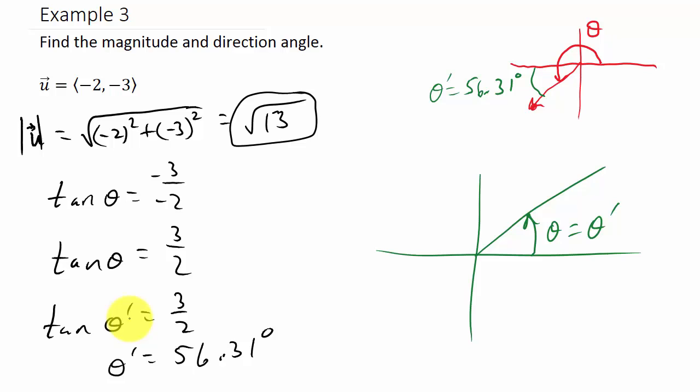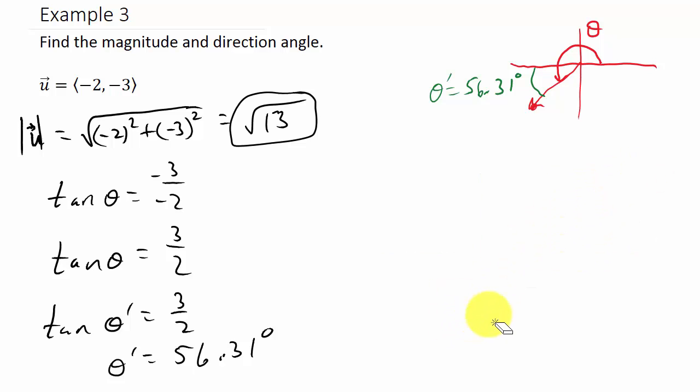So what we're doing is we're saying, well, it's in the first quadrant, that's our reference angle. And we're going to use the reference angle to find theta. Very important that you understand reference angles in trig, and even when you're doing vectors. Okay, so now theta is going to be what?